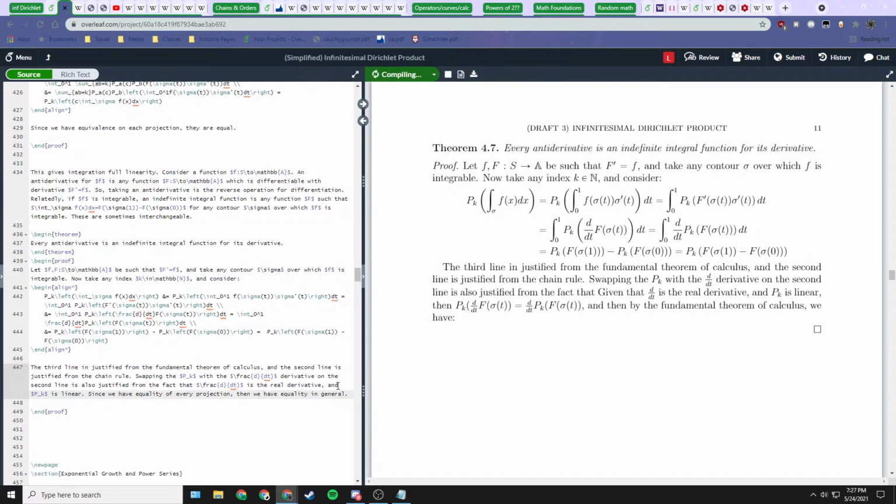Since we have equality on every projection, again, this gives us equality in general. So this is essentially the proof.